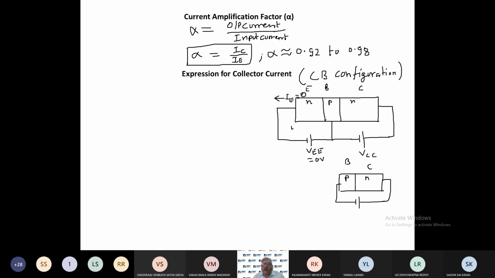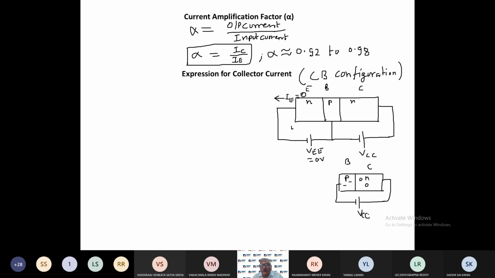Okay. So now we already know there are minority carriers in p-type and n-type material. What is the minority carrier in p-type? Free electrons are the minority carriers. In n-type, what are the minority carriers? Holes are the minority carriers, right? Now you see, for these minority carriers, this reverse bias, that is VCC, has become forward bias for them, for the minority carriers, right?